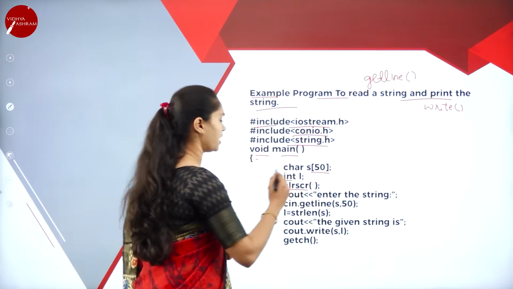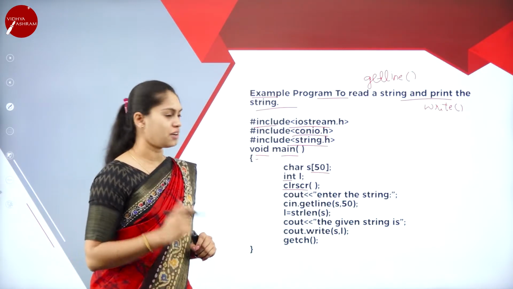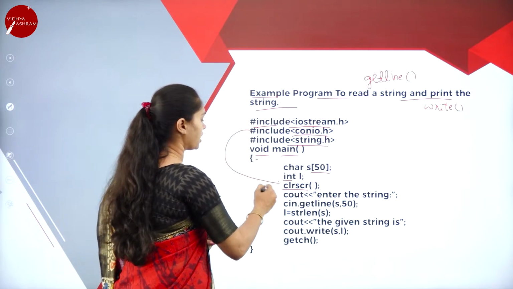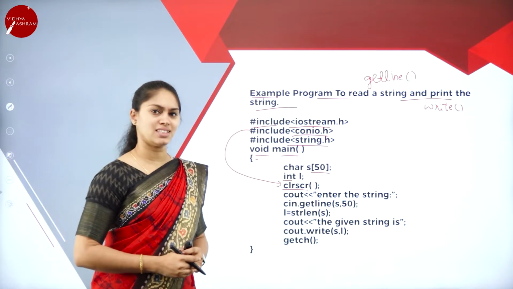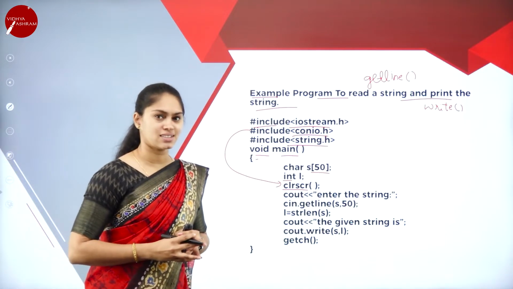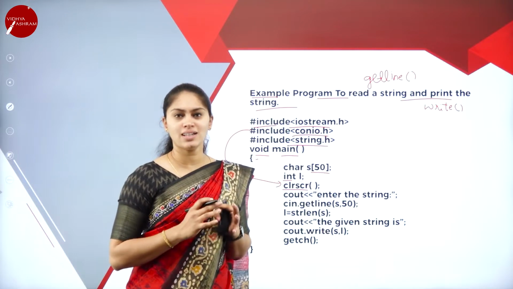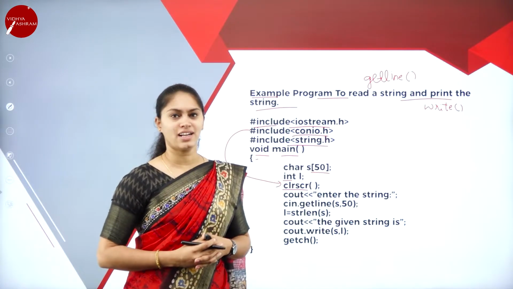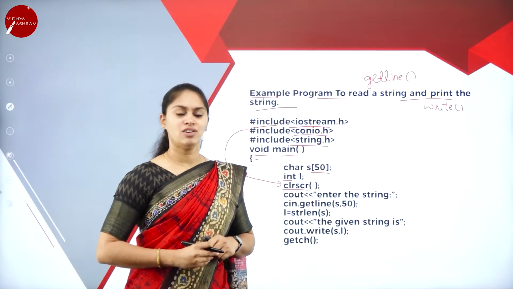Next I am using the clear screen function, clrscr. When I use clrscr, we have to include conio.h. What is the use of clrscr, that is clear screen? When I want to erase all the output content of a previous program, we use the clear screen function.